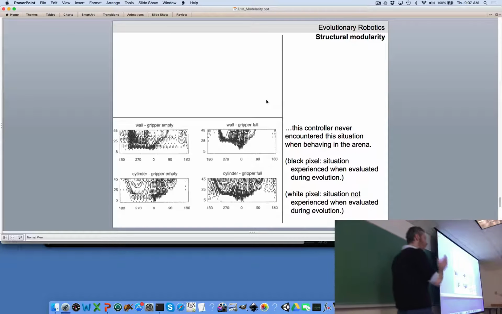This is one of the costs that we incur when we use an evolutionary approach. We can automate the aspect of generating adaptive behavior, but we can't prove or guarantee that the robot is always going to do the right thing when exposed to novel circumstances. This is probably the biggest open challenge in robotics in general, right?